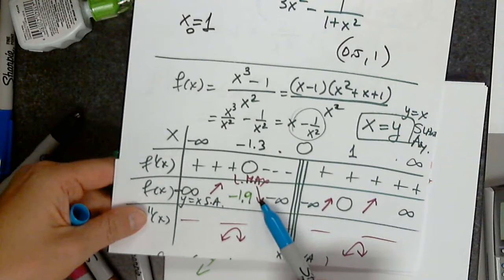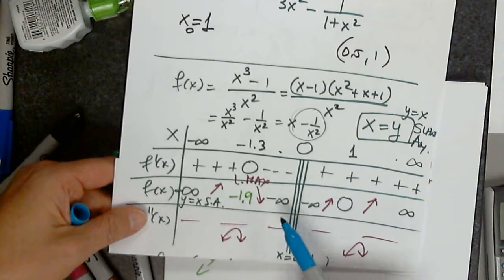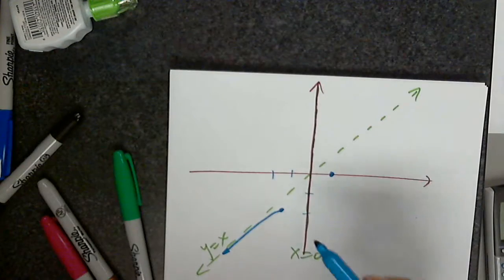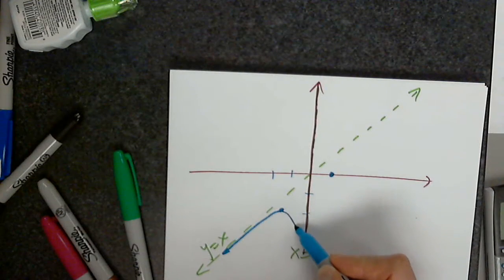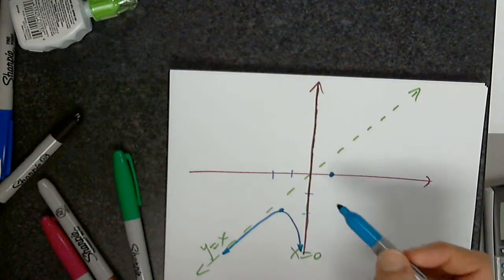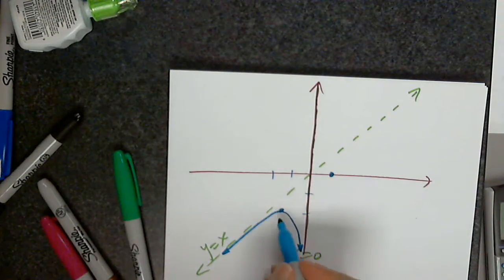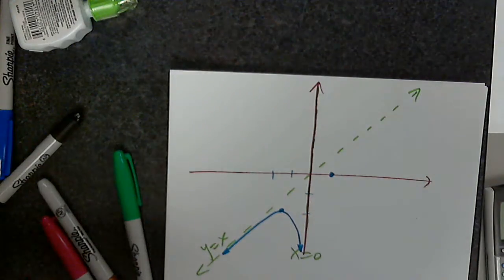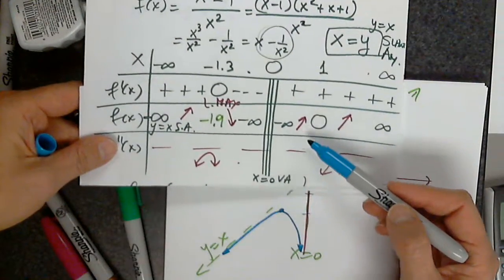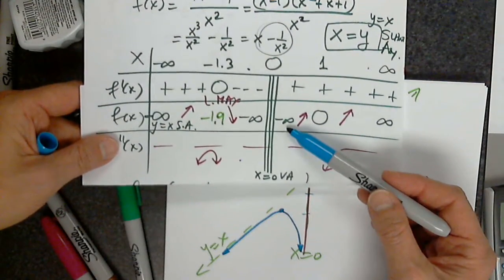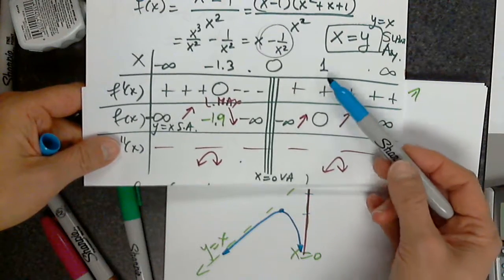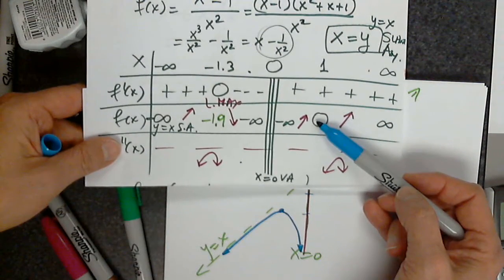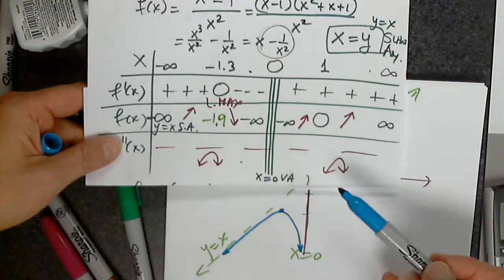Now it's decreasing towards negative infinity, still opening downward, on the left-hand side of x equals 0, the vertical asymptote. On the right-hand side of the asymptote, it's coming from negative infinity, crossing the x-axis at 1, 0, opening downward.